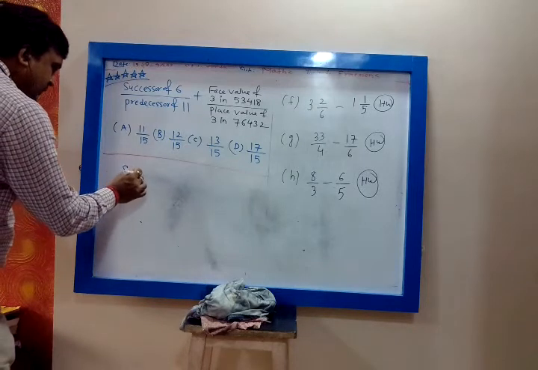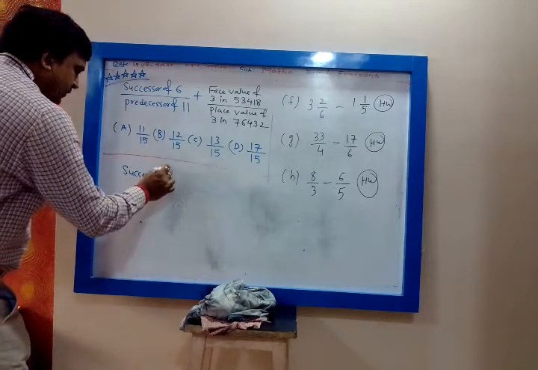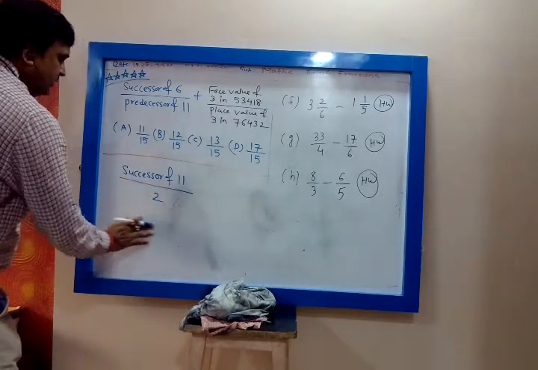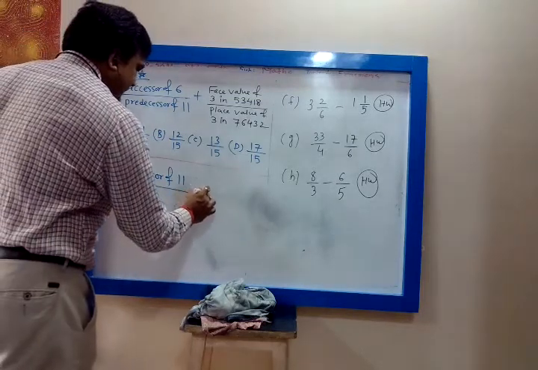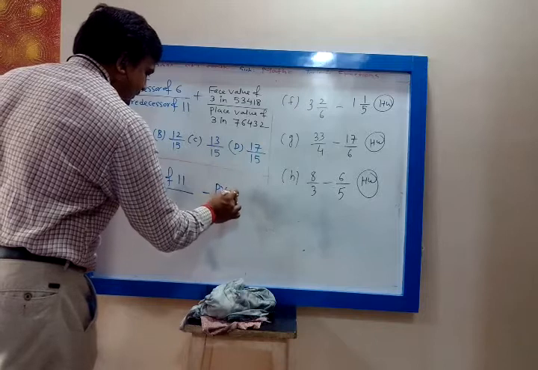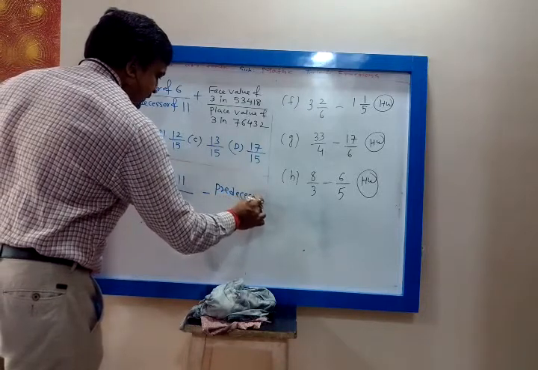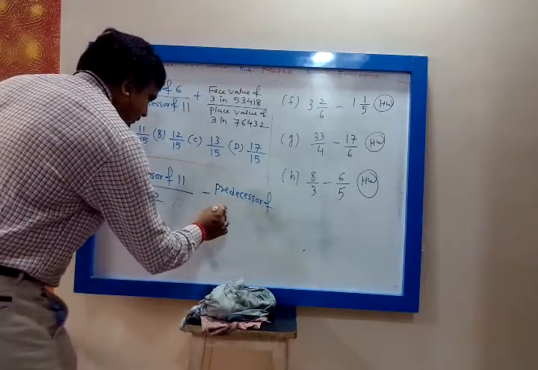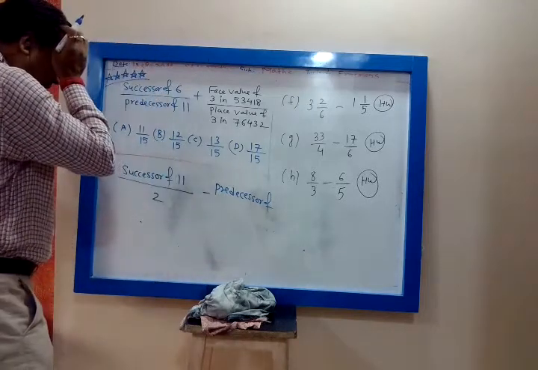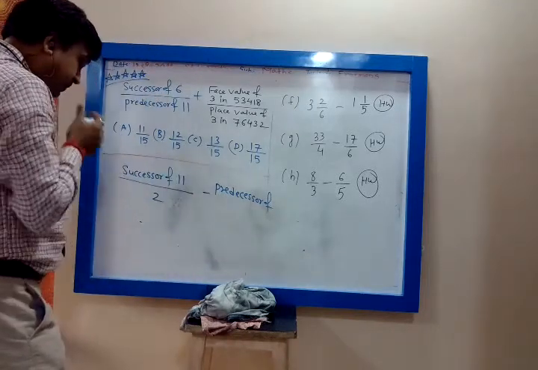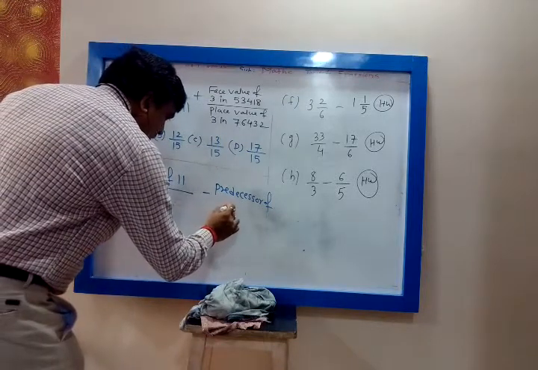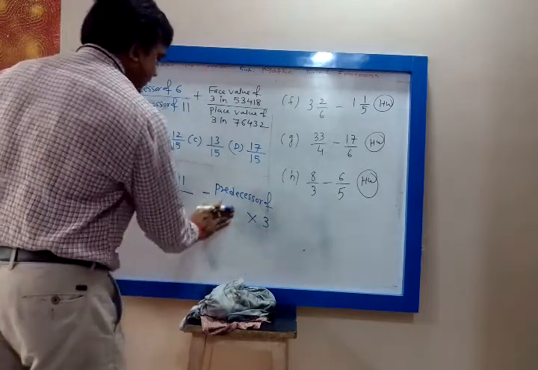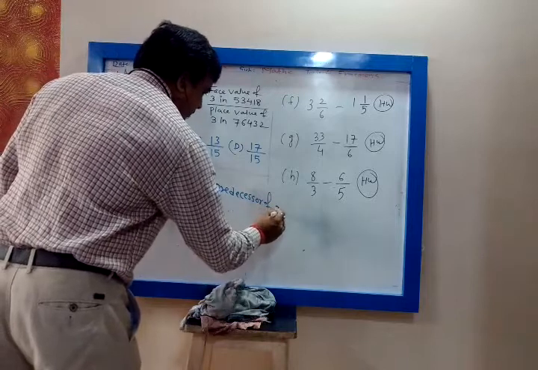Successor of 11 divided by 2 minus predecessor of 2 multiplied with 3. Predecessor of 2 multiplied with 3.